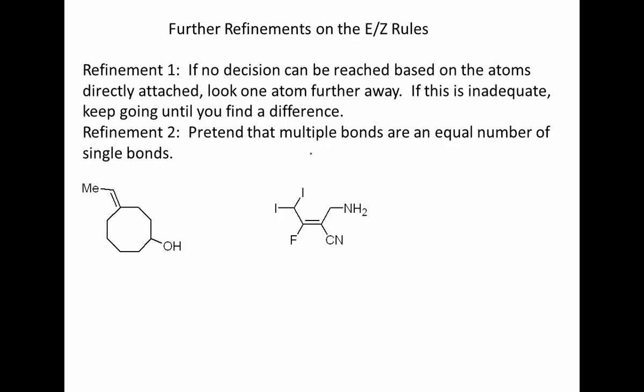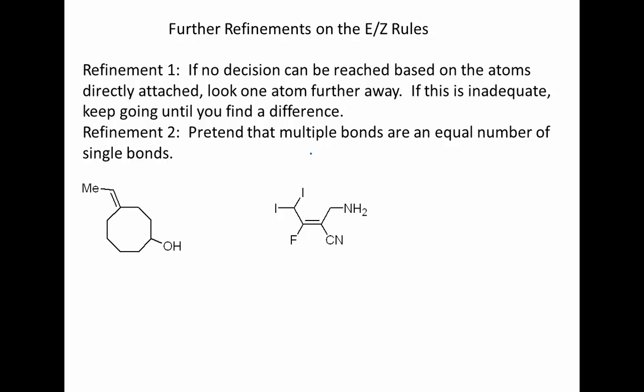If you can't find a difference there, keep moving until you find a difference. What if you never find a difference? That means you don't have an alkene that's capable of having E and Z stereoisomers. It means it's symmetrical, and you wouldn't use E and Z in that case.